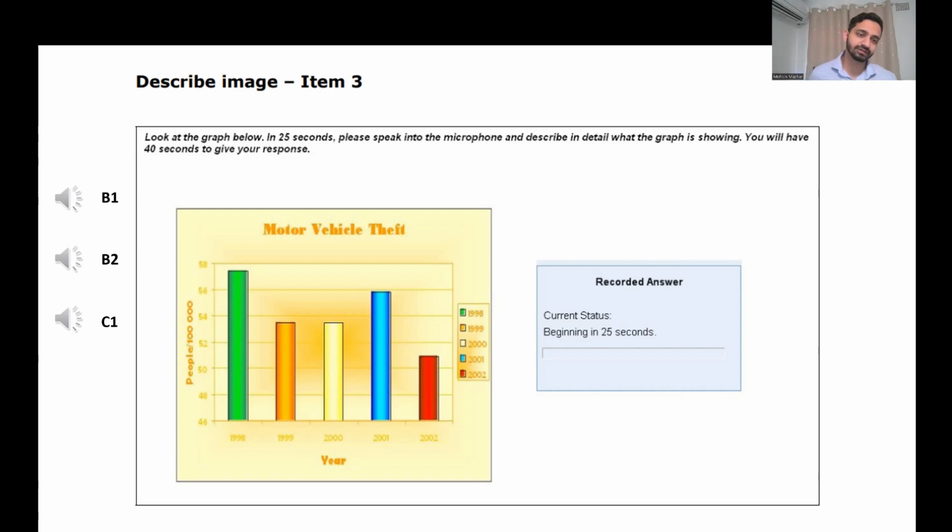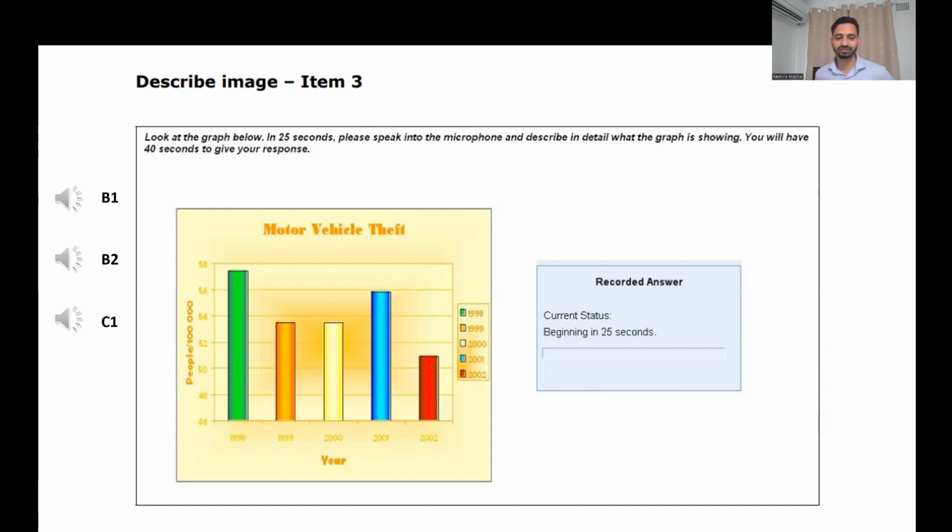You can't say 56 people were impacted by the motor vehicle theft. You could say that 56 over 100,000 people were impacted in 1996. Okay, so 56 people. But obviously the highest point is 1998, and the lowest point is 2002.